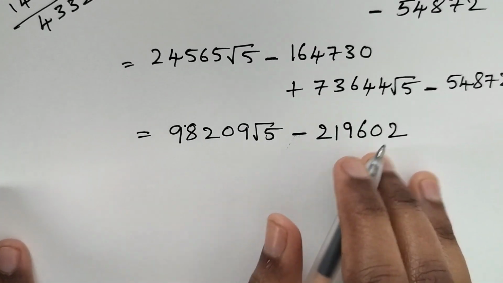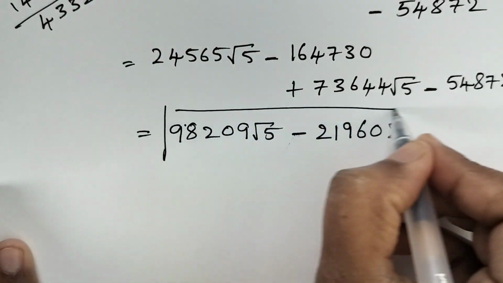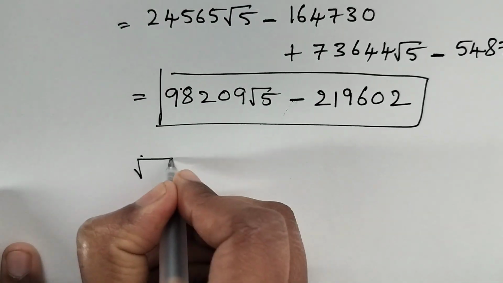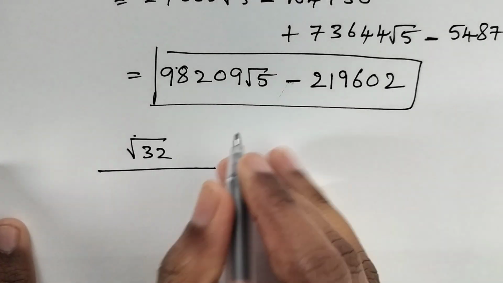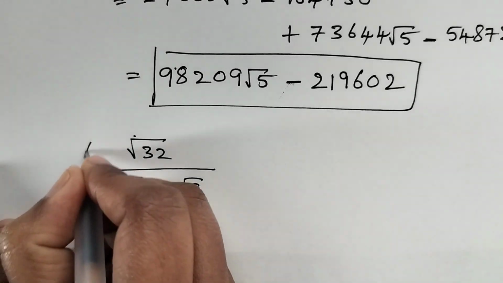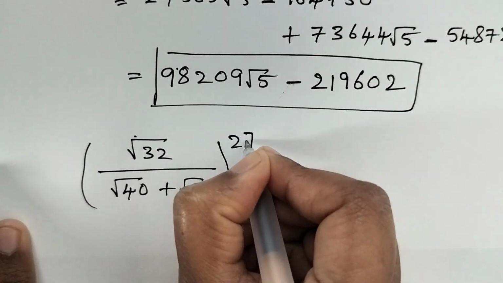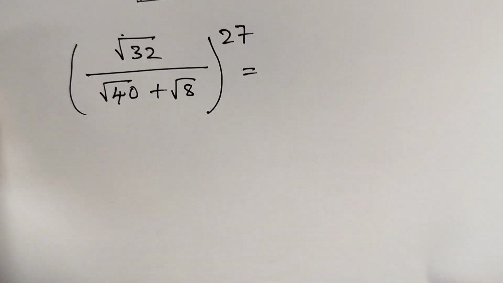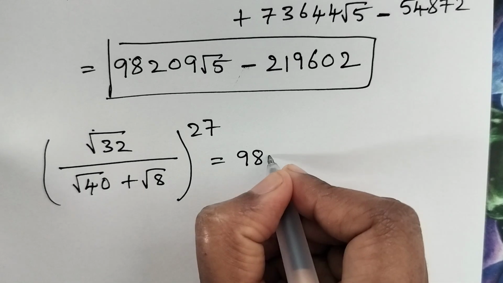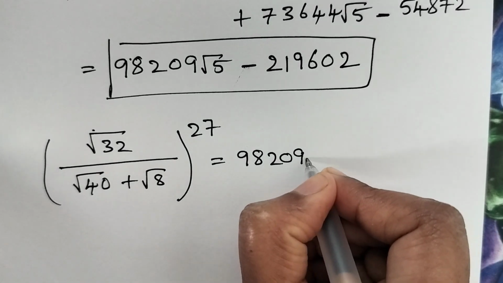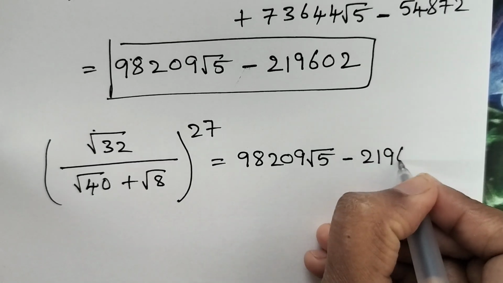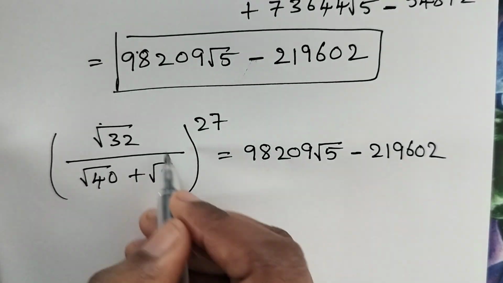So this is the value of square root of 32 divided by square root of 40 plus square root of 8 whole to the power of 27, which is equal to 98209 square root of 5 minus 21960. So this is the value of this term.